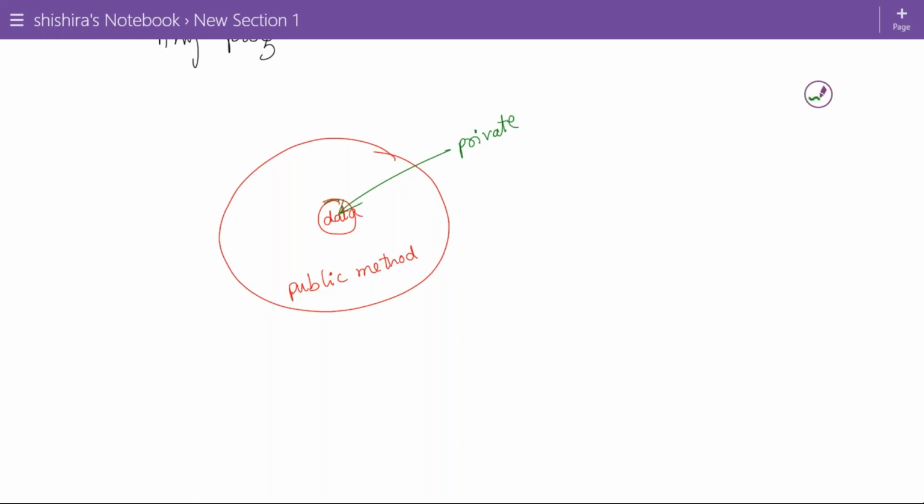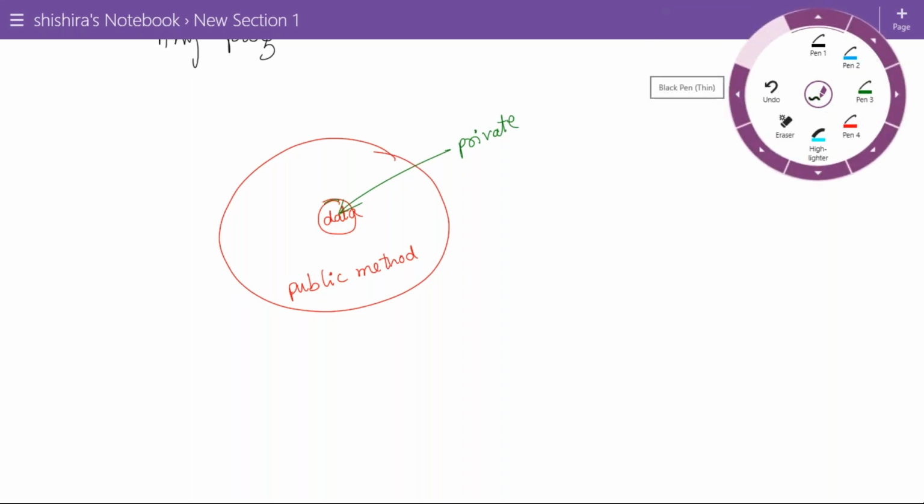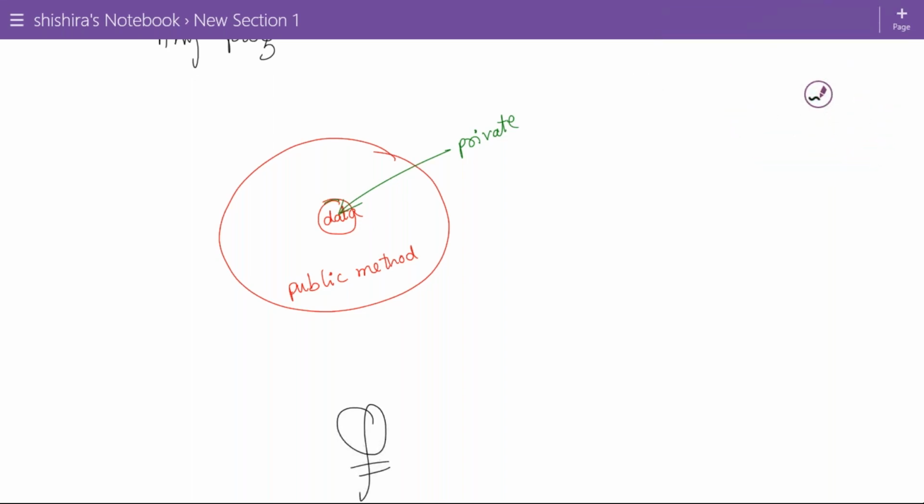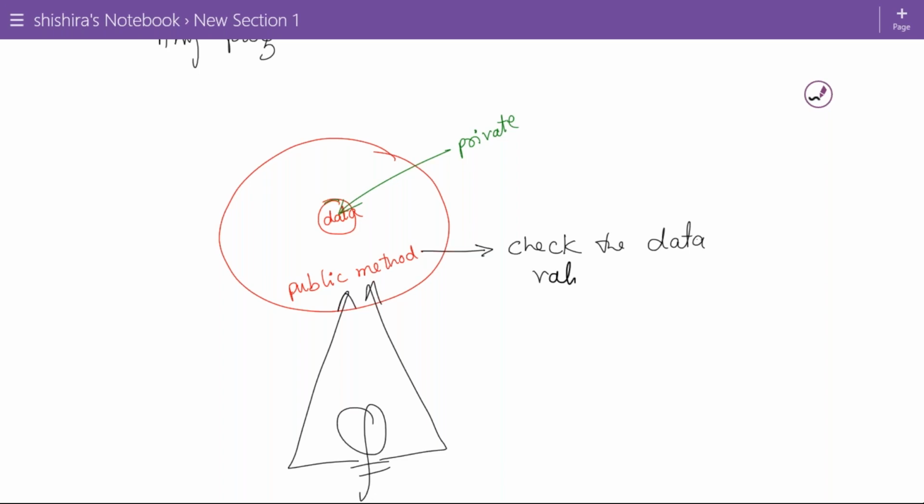So ultimately, what I am supposed to do is write a class, make the data members private, and surround this data with public methods, so that if any outsider wants to access the data, they don't have direct access, they only have access to the public methods. Inside the public method, you can check and validate the data.